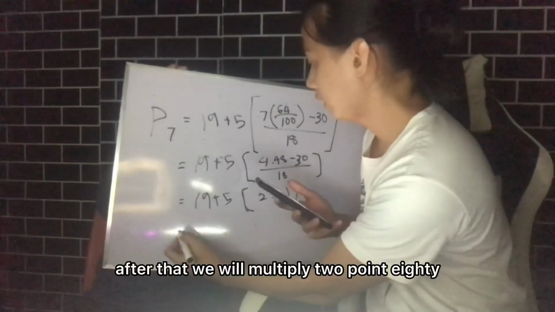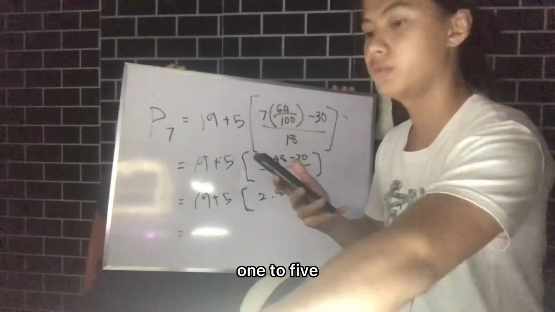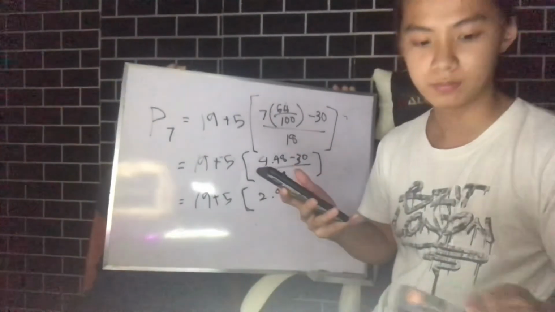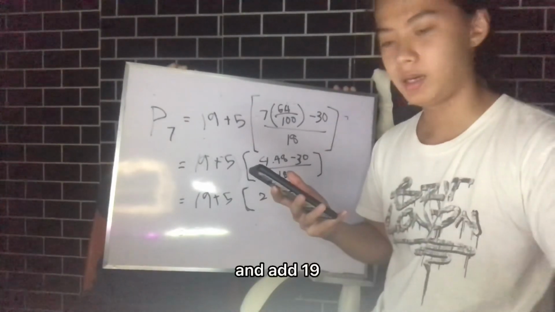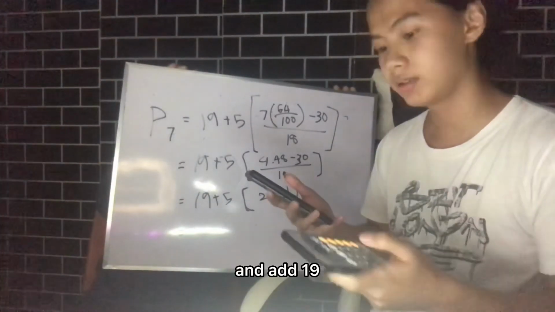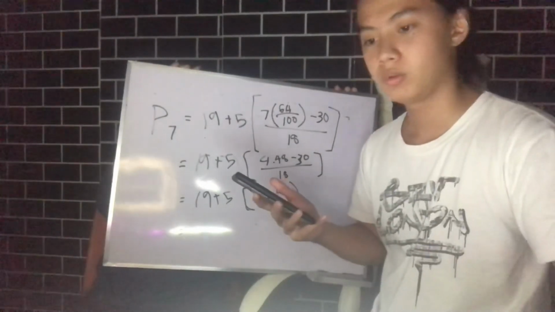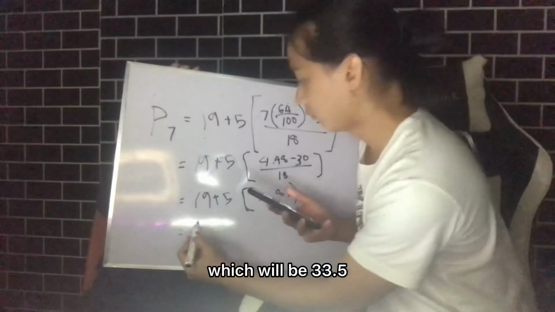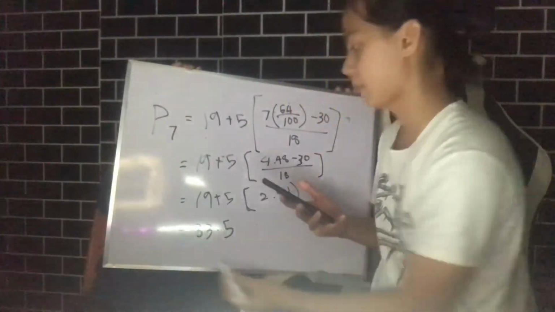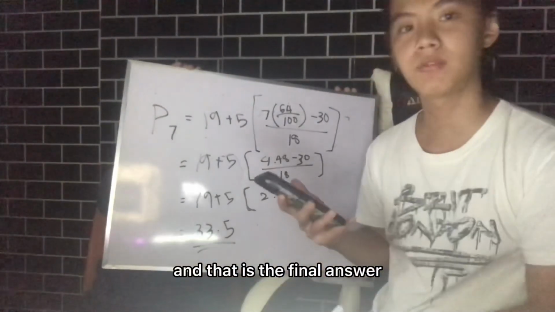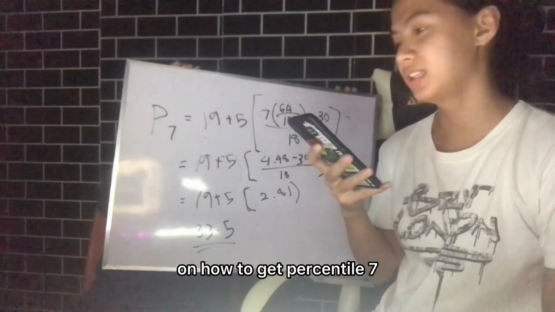After that, we will multiply 2.81 by 5 and add 19, which will be 33.5. And that is the final answer on how to get percentile 7.